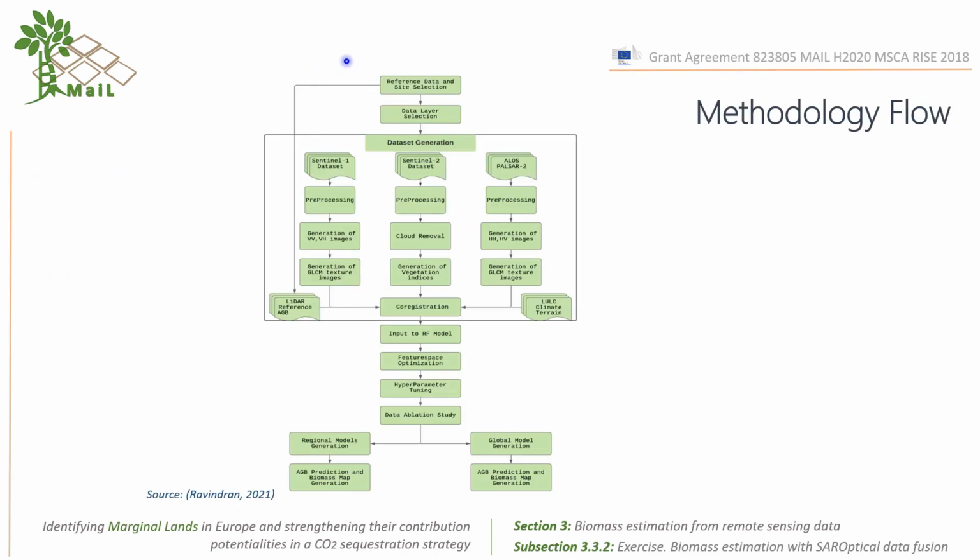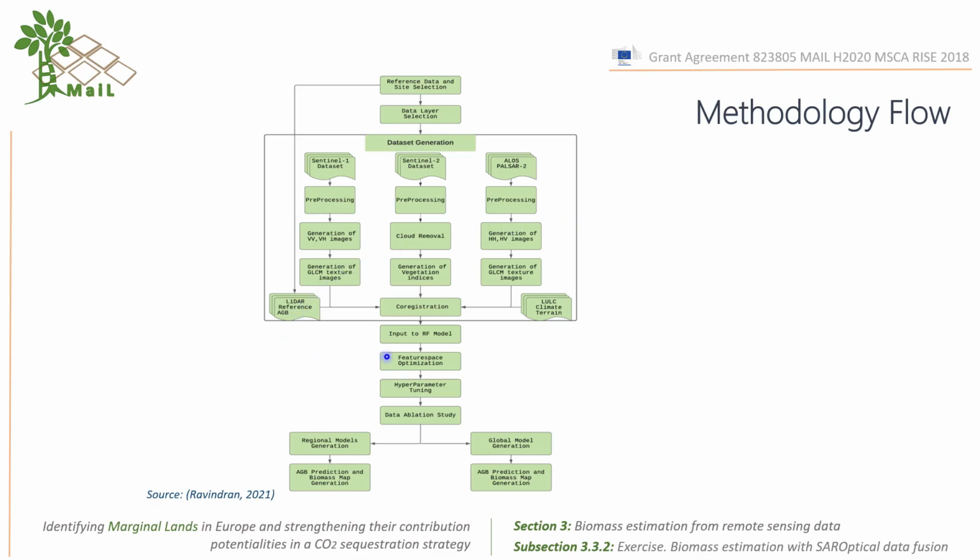At the end, our model is going to look like the figure we have, where you have the reference data and site selection, then data layer selection. Then you come to our dataset, and this is where you have multiple sources of data: Sentinel-1, Sentinel-2 and the ALOS PALSAR, with the preprocessing stage which will cut across.